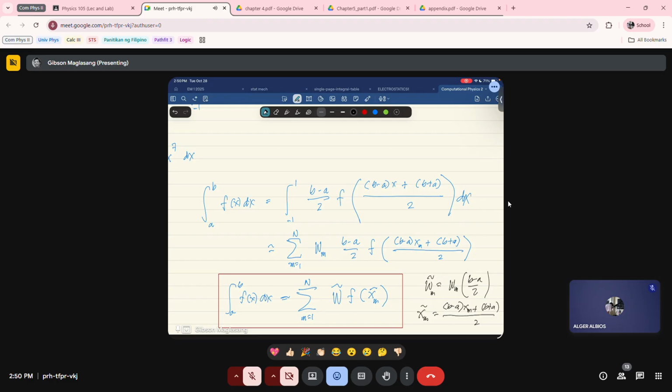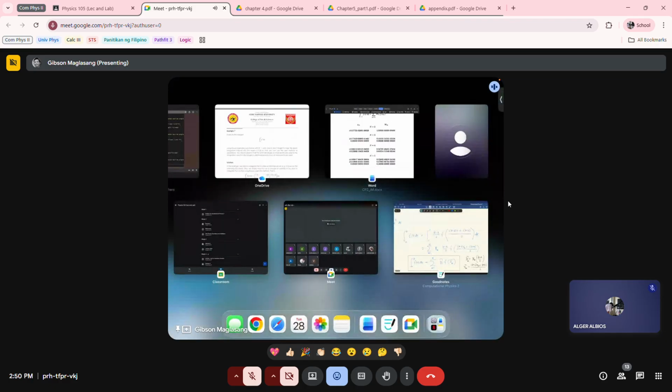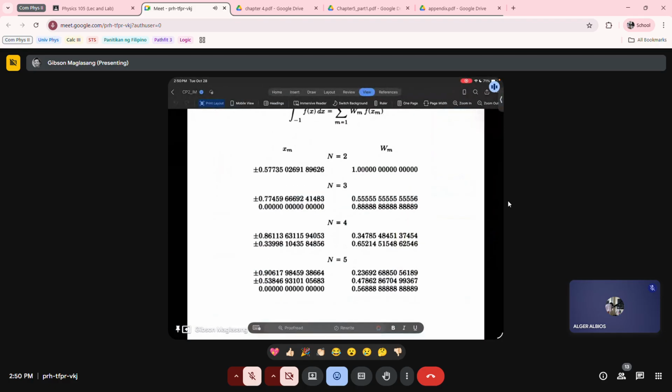Okay, so just use this formula. You just transform your original equation to this form so that we can still use the negative 1 to 1 limit. We can use the coefficients, and we can still use this one, since the limit is negative 1 to 1.